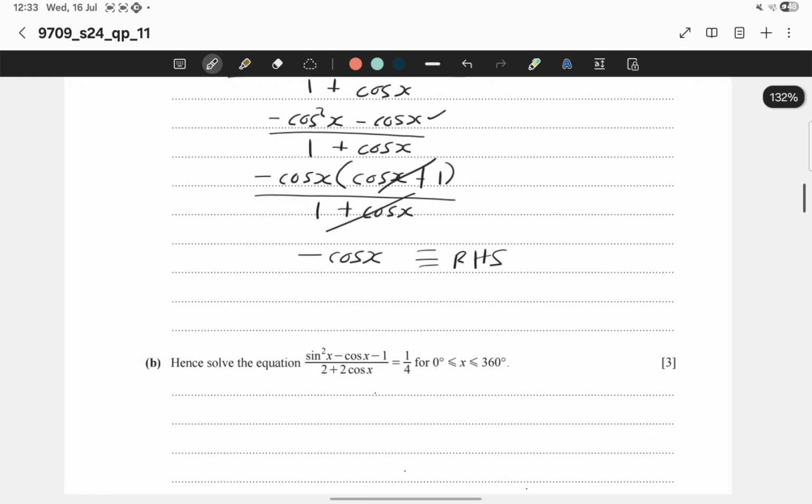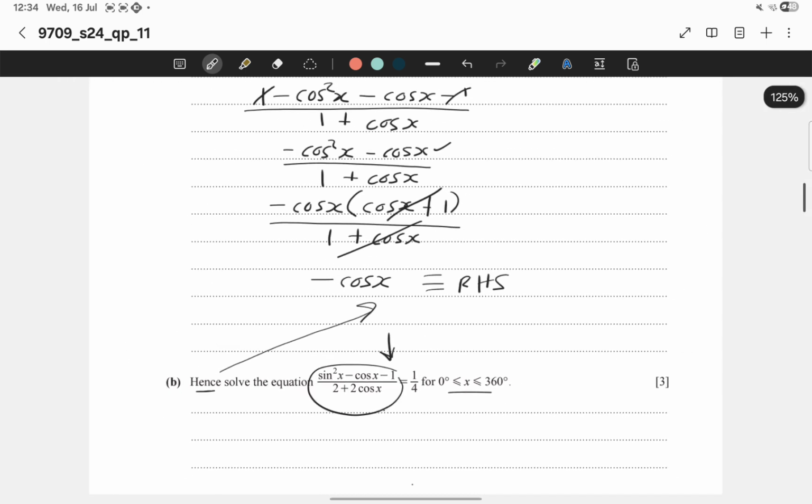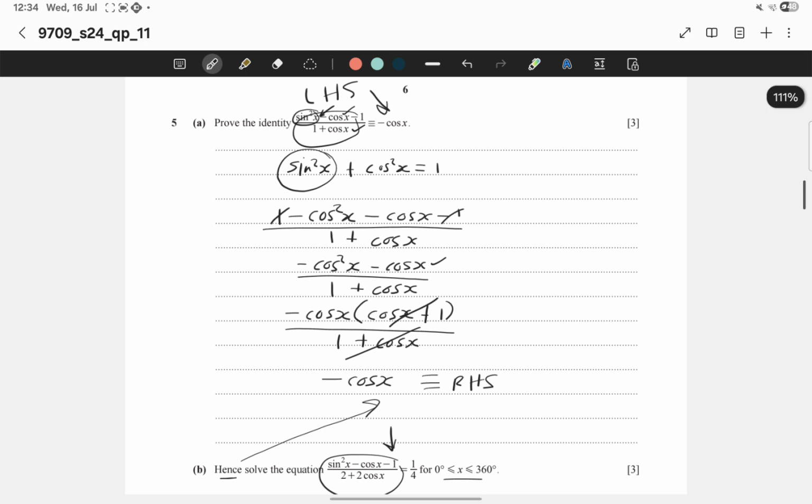Moving on to 5 part B, it says hence, meaning we're going to need this to solve this one. Solve the equation sine squared x minus cos x minus 1 over 2 plus 2 cos x is equal to a quarter. For that, if we compare these two expressions, we see that the second one is the first expression divided by 2.